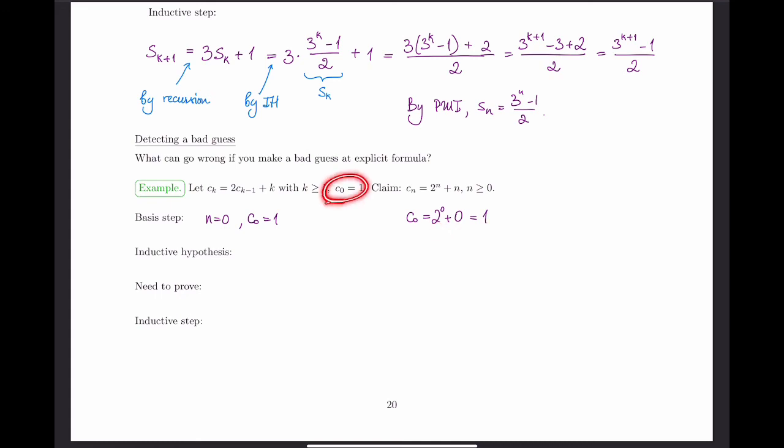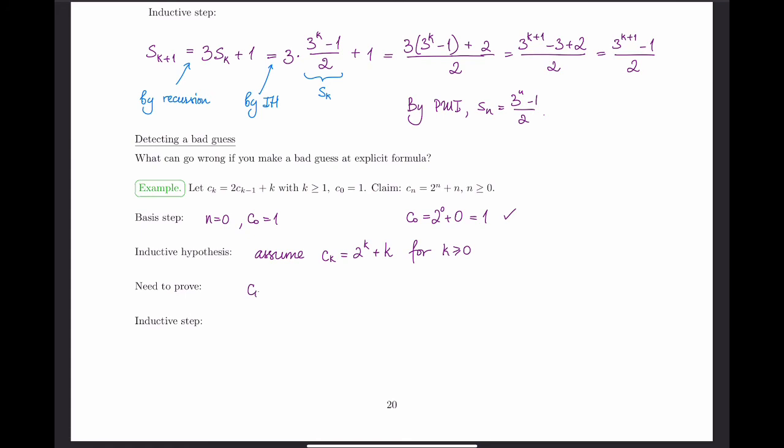So the recursion gave me 1, and the formula gave me 1. So far, so good. 1 is equal to 1. We are in business in terms of the basis case. For the inductive hypothesis, I'm going to assume that the formula I'm trying to prove actually holds for k above the basis case. So C_k is 2 to the power k plus k for k greater than or equal to 0.